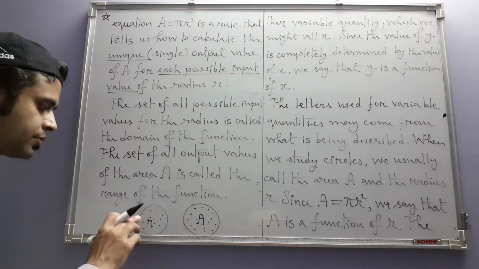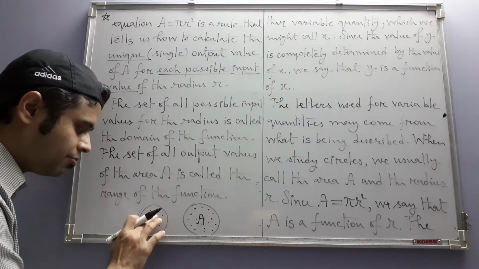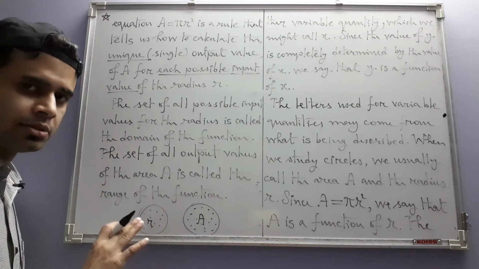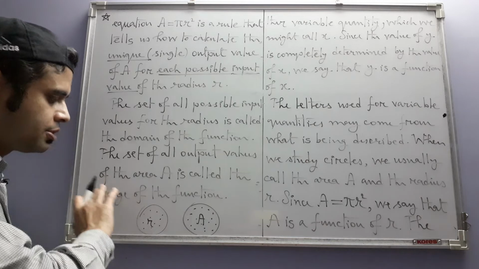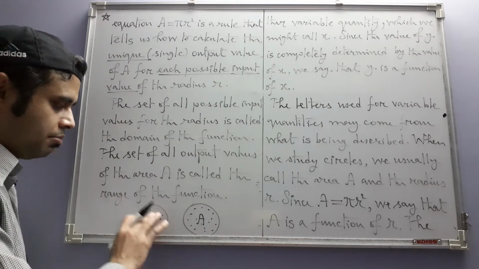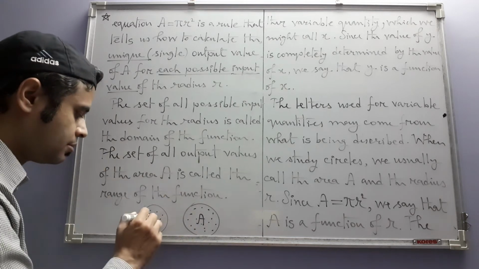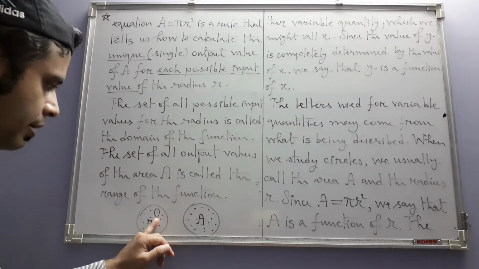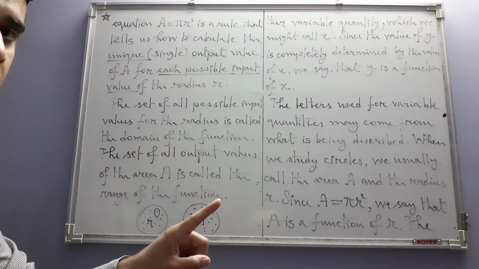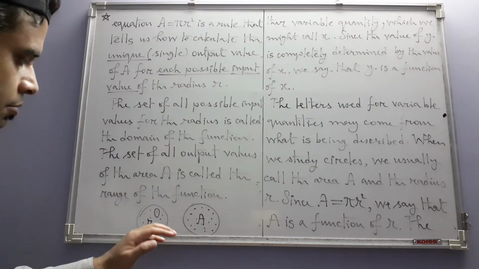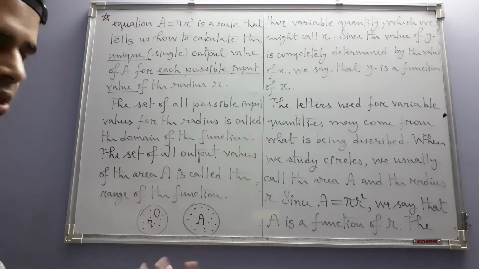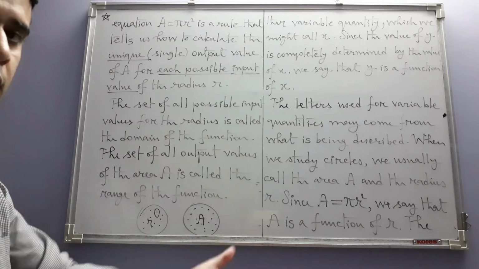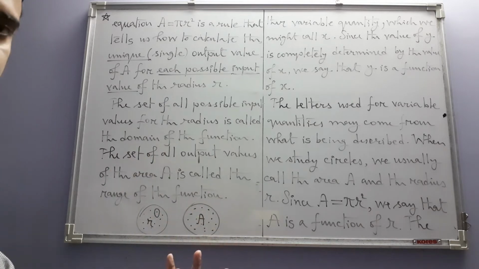Now, for each value of r from the domain, of course always from the domain, nothing can be from outside the domain, because then the function may not make sense. So for each possible value for r, there is a unique value for a, which is obvious, because for a given radius there is only one area for the circle that has that radius.